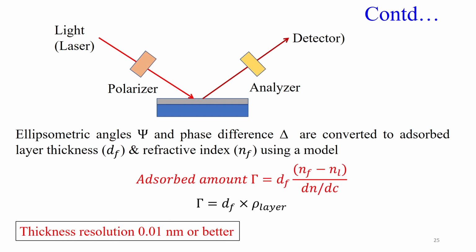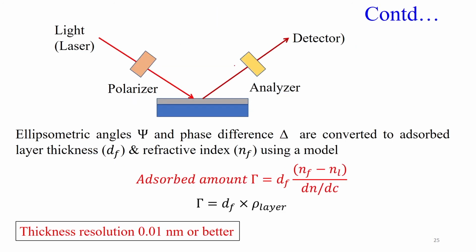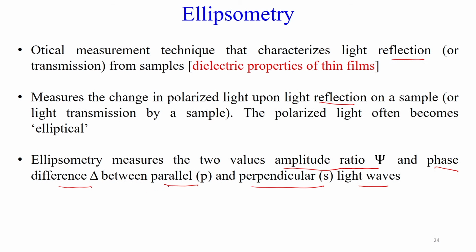During this process we monitor the amplitude ratio as well as the phase difference between the parallel and perpendicular light waves. Whatever light wave is coming, we can determine its value in the parallel and the perpendicular directions.